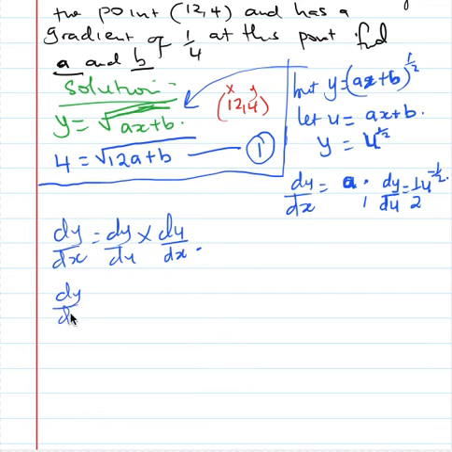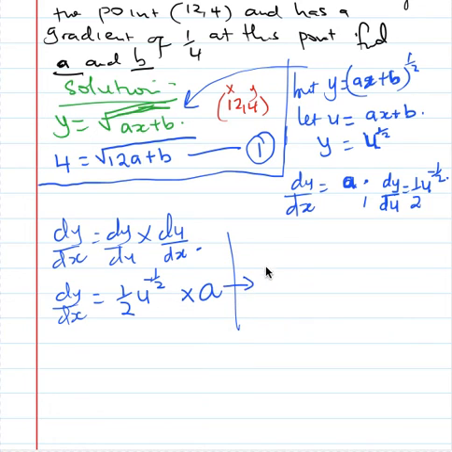So let's put in our du/dx and dy/du and see what we have. dy/dx will be half u to the power of negative half, times a, which is du/dx. Let's write it in a simple way.